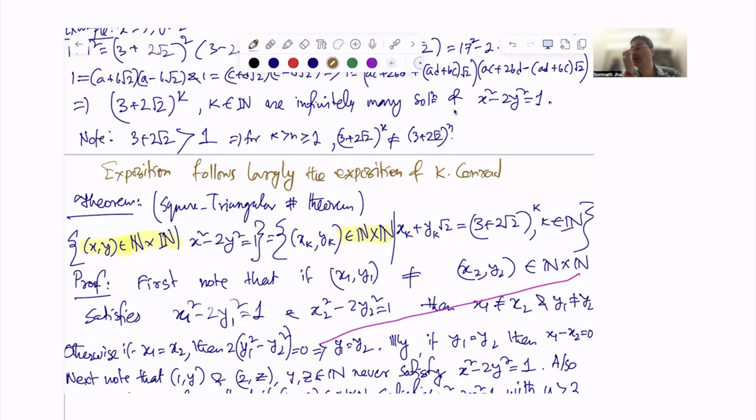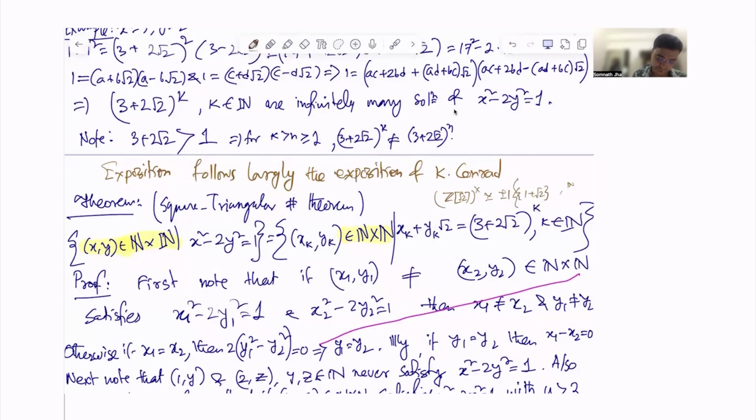So generally, if you want to take norm minus 1, you have Z root 2 star is isomorphic to plus minus 1 times 1 plus root 2 to the power n, where n belongs to Z. This will give you all the solutions, but plus minus 1.